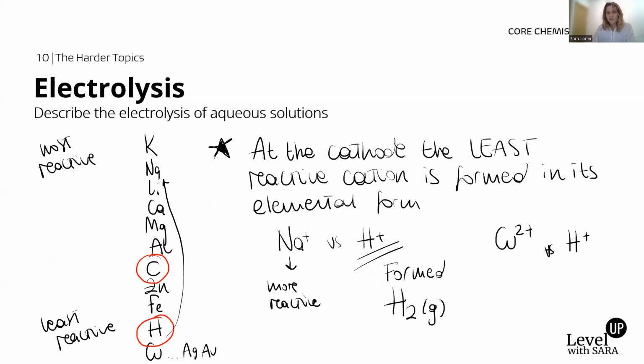Notice the position in the reactivity series. This time, copper is less reactive than hydrogen, so this will be formed. And it would be copper as a solid because it's a metal. So this is the product of the electrolysis if we have copper ion in this aqueous solution.